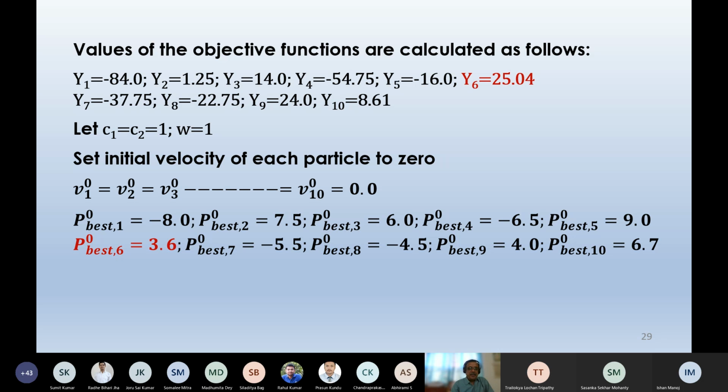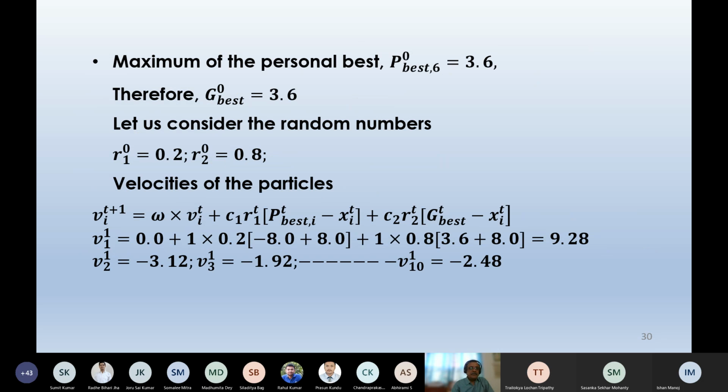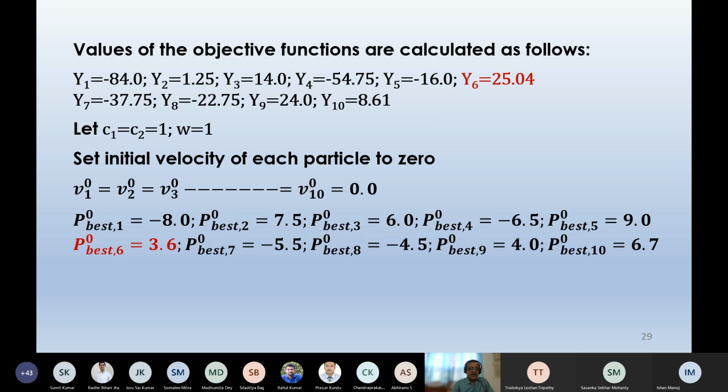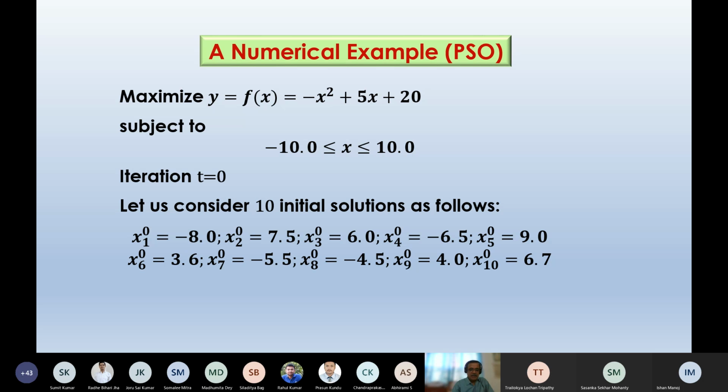So P best 1 corresponding to 0 is minus 8.0. That is nothing but the value of x. Minus 8.0, 7.5, and the last is 6.7.